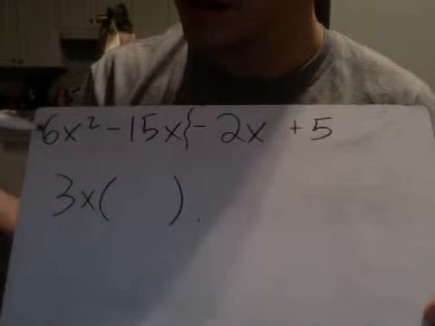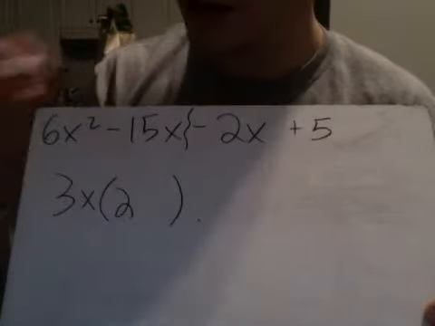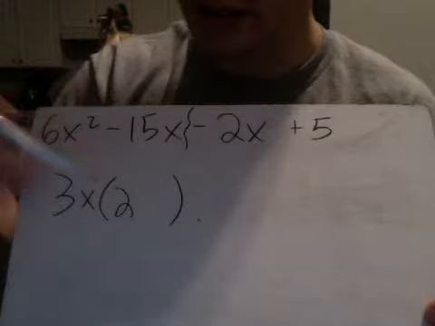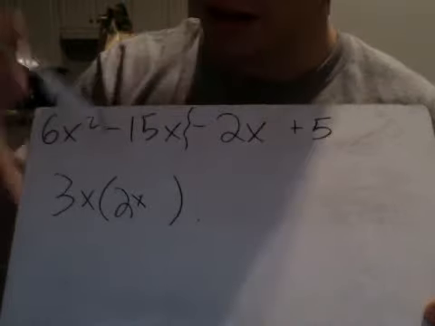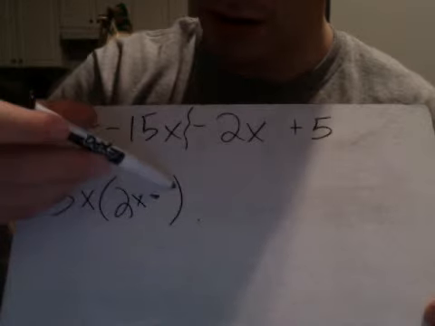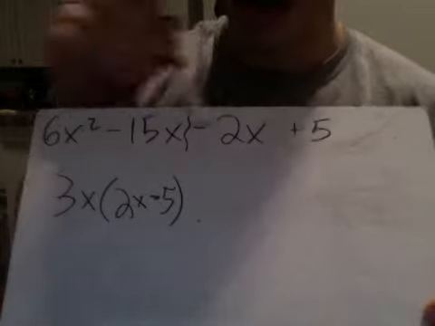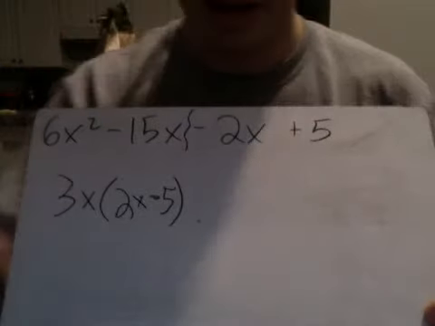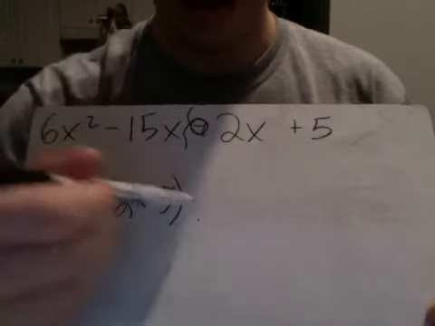I took out a 3, so there should still be a 2. I took out one of the x's, but there's still one more. And then I took out a 3, so there still should be a minus 5 here. 2x minus 5.